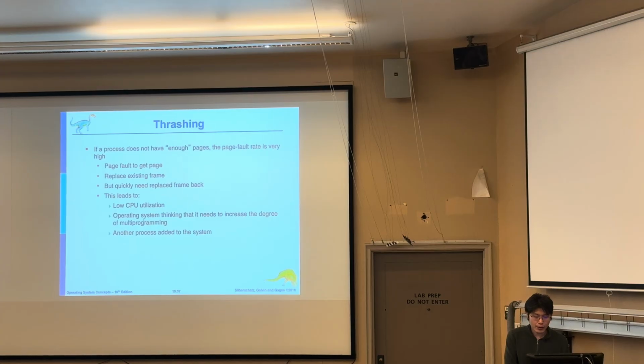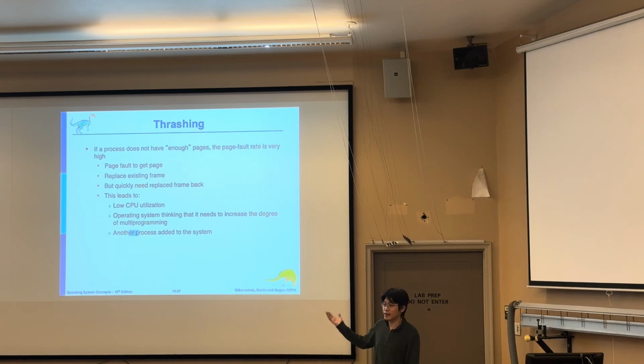Okay, so if the OS made the wrong choice, if it mistakenly thinks that we need to increase multi-programming and adds another process to the system, what happens? If it adds another process, thinking CPU utilization is low and let's add another process to use the CPU, yes, you get more thrashing.